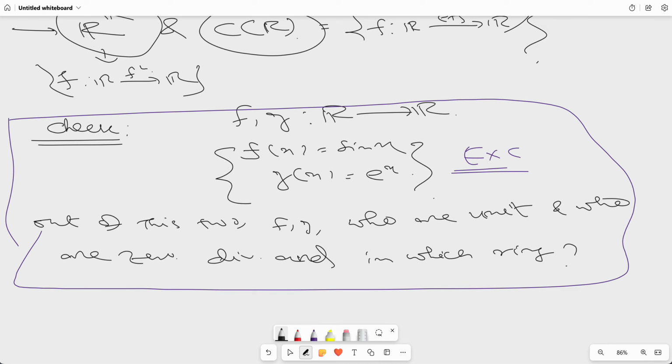So there are some more things here. These are the countings. So zero divisor, okay, that's been over.